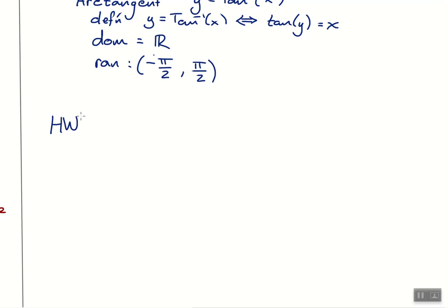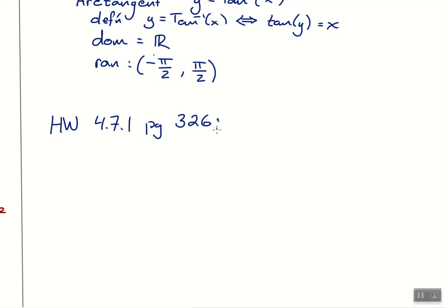For the homework, I would like you, no calculators. Calculators are lame. Homework 4.7.1. You will find waiting lovingly on page 326.